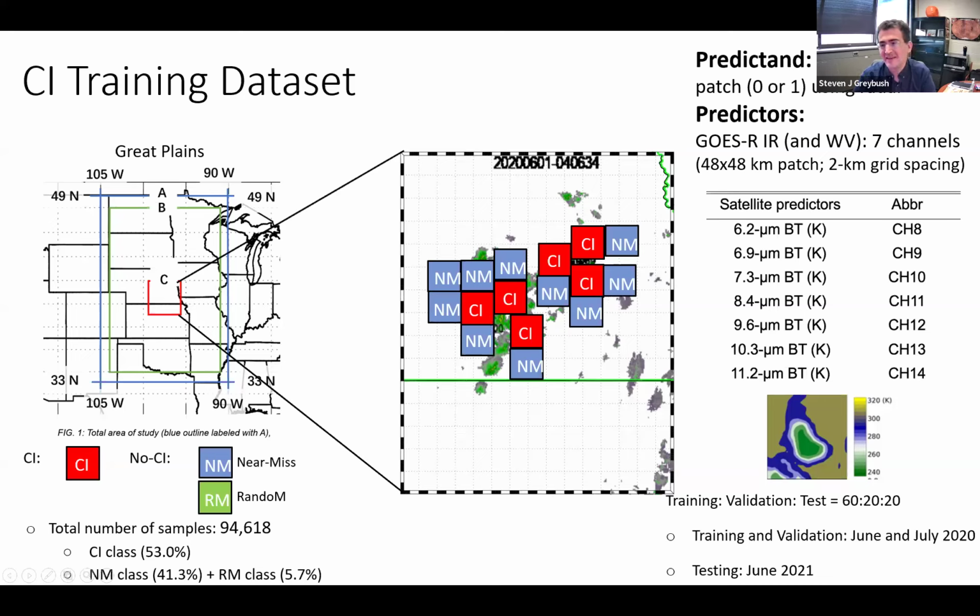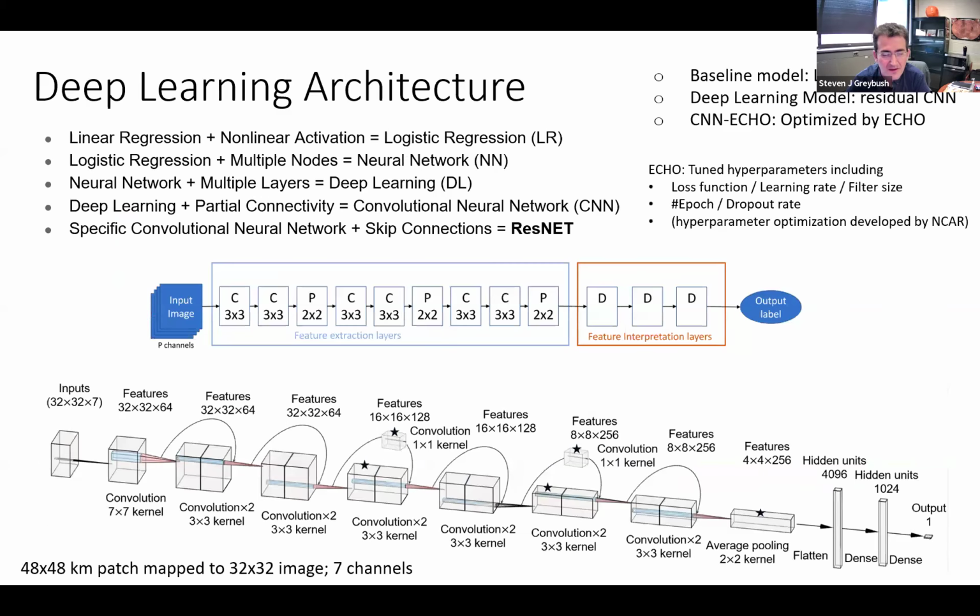So in other words, which of these are in a severe weather environment, but pixels that aren't developing the CI? And then finally, which of these are random events, that is randomly chosen pixels? Those are only a small percent of our data set. So we're really trying to look at the challenge of which clouds are going to develop into new convection. So we did our training and validation data sets in June and July 2020 and testing in June 2021.